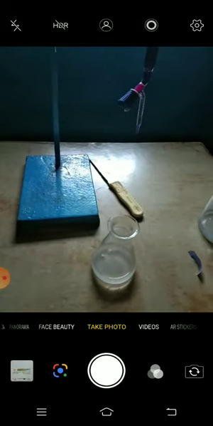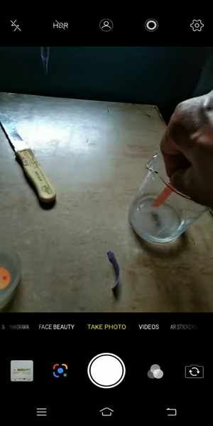Now I am showing you the use of pH paper. See here, this is the basic solution. I am putting the pH paper into this basic solution. See here, it has changed into blue.